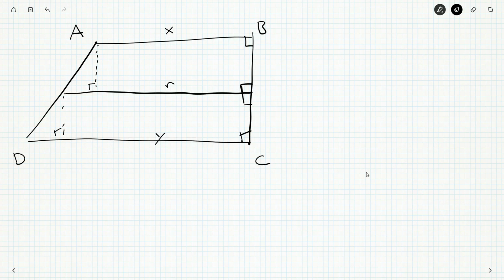I don't know what that area is. I was going to call it A, and then I realized I've got point A here. And we also got P and Q. So let's say ABQP and PQCD have area, I don't know, doesn't matter.